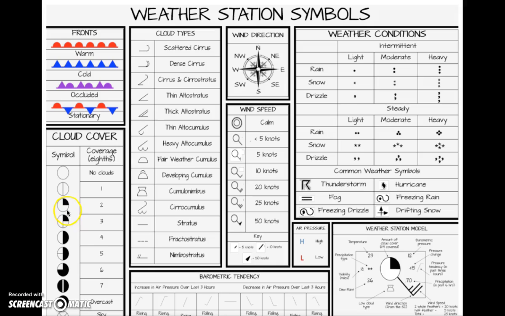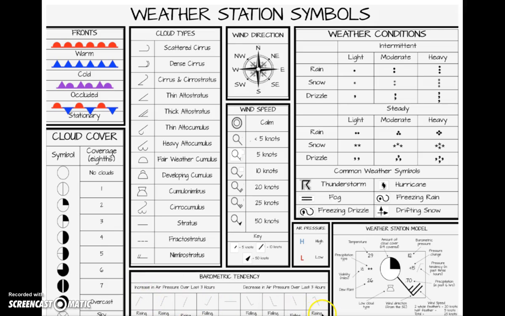It doesn't actually divide the circle by 8. It has to do with where the lines are. Again, I won't make you memorize that, but you're going to need it when you do your own forecasting. It tells you the different cloud type symbols, the wind direction, which way to put your little flag, and the wind speed, which in weather we measure in knots.